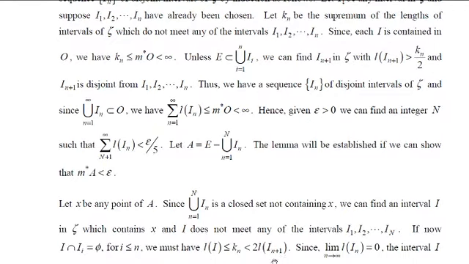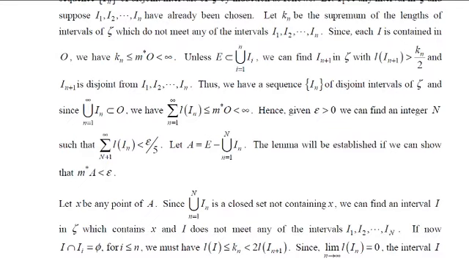And remember, the limit of In as n tends to infinity is 0. Therefore, since this is tending to 0, this interval I has to meet at least one of the intervals. It does not intersect with I1, I2, etc., up to In.